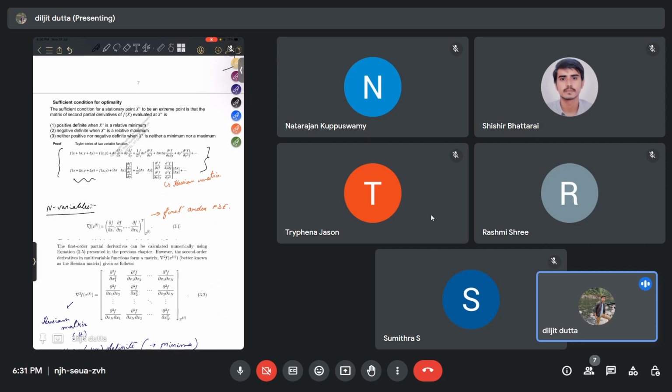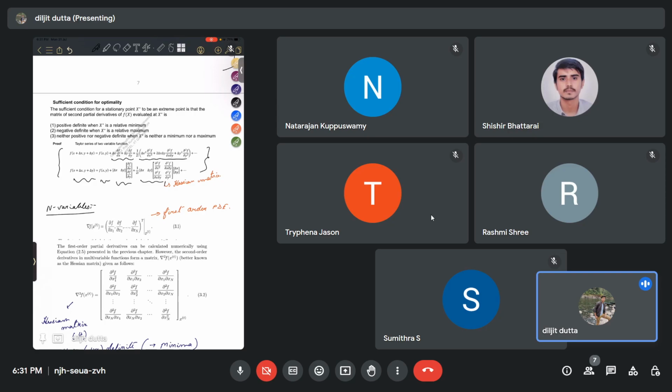It is a multiplication of two matrices, one a row matrix and the other a column matrix. The last term is written in this way, and there is one term that comes in between, which is the partial derivative term. This term is called the Hessian matrix.